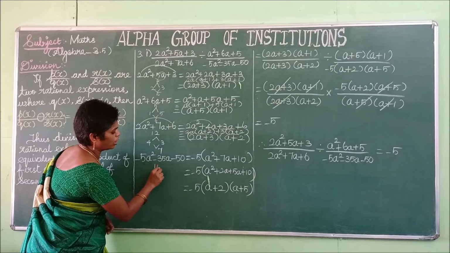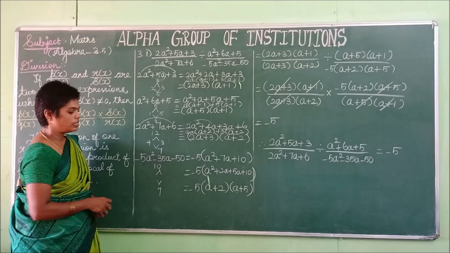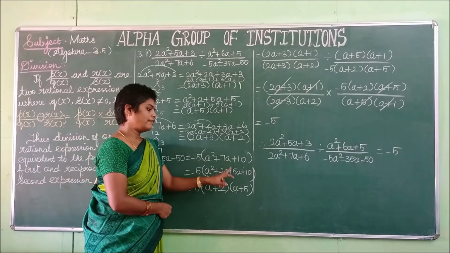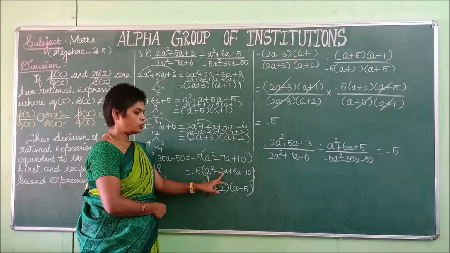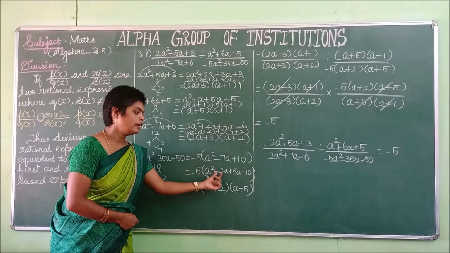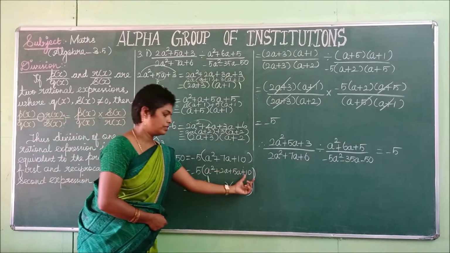If you multiply any two numbers, you will get the value 10. If you add any two numbers, you will get the value 7. What are the two numbers? 5 and 2. Then the 7A can be rewritten as 2A plus 5A. So minus 5 into A squared plus 2A plus 5A plus 10.